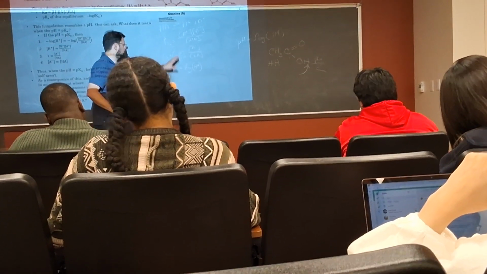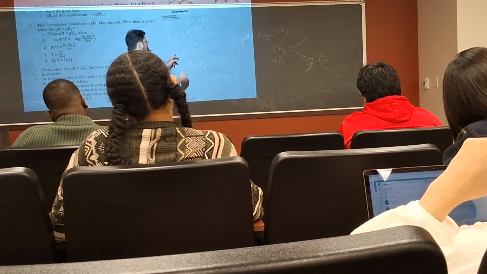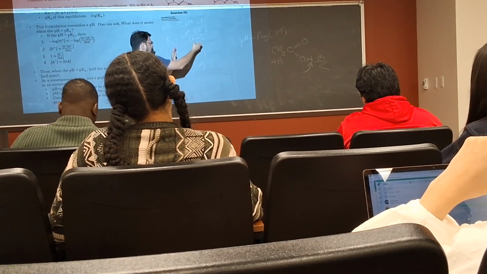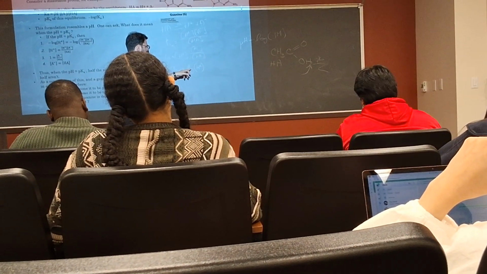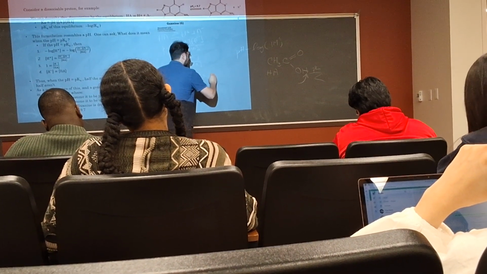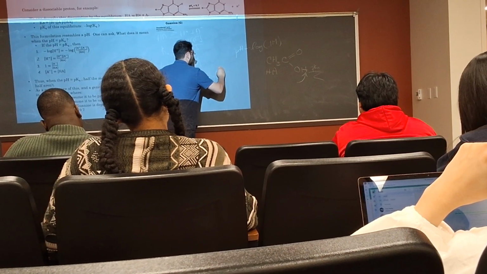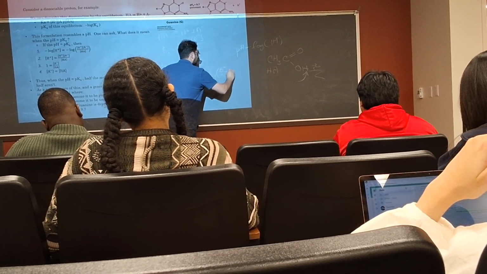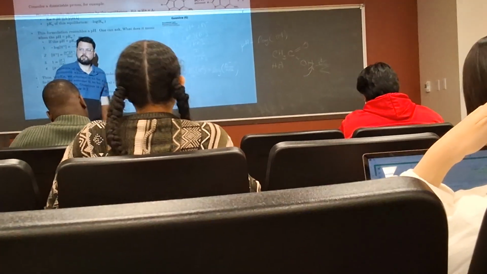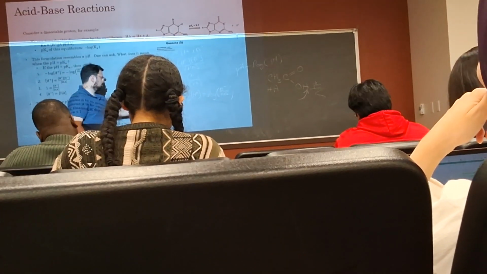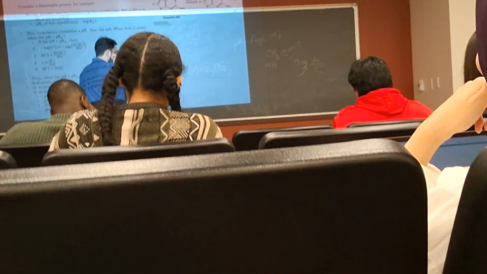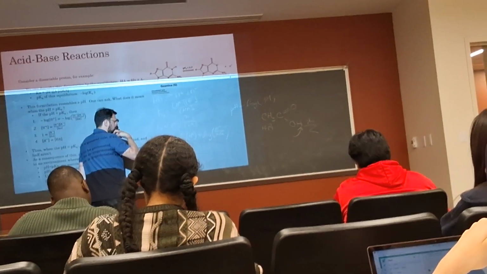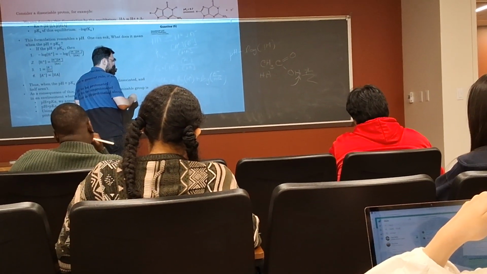Now, because of our log rules, if this is all in a log, log of H plus times A minus over HA is really just log of H plus plus log of A minus over HA. This is just normal math. So let's subtract. What do we want to do? Let's multiply everything by -1.